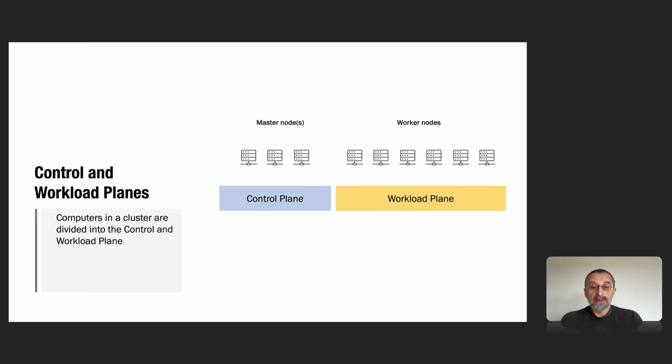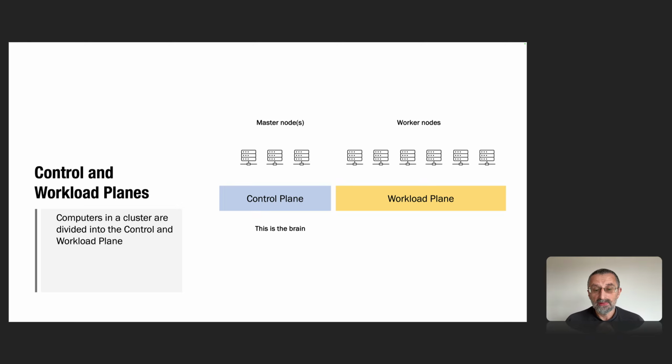So how is it constructed? So you have two main concepts in Kubernetes, so-called control plane, workload plane, as a way to control master nodes and worker nodes. So computers in a cluster managed by Kubernetes are divided into the control and workload planes.